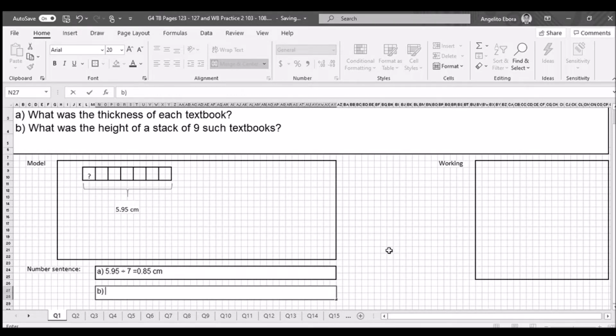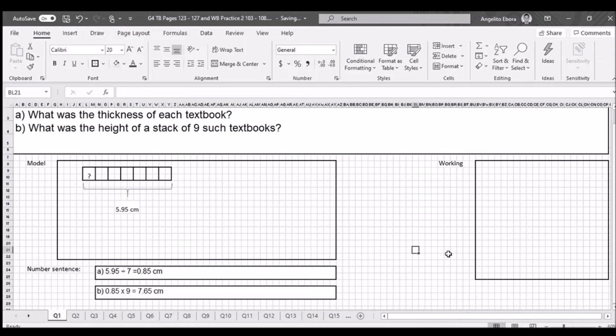All we have to do is multiply it by 9. So 0.85 times 9 will give us an answer of 7.65 centimeters. So this is the height of 9 such textbooks.